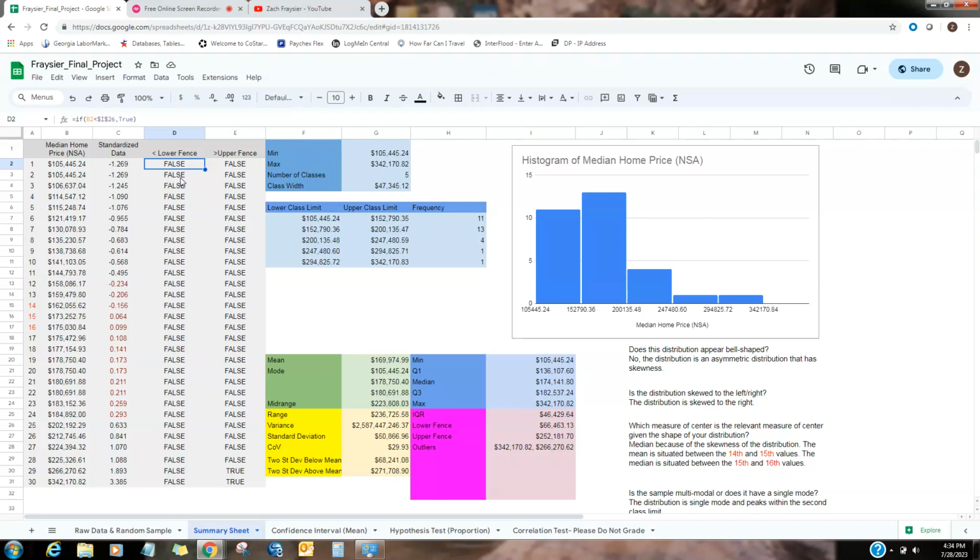And it's just a function: if it's above the upper fence or below the lower fence, these are true. This is automated. It's all plug and play. If you put anything in here, one's going to show up down here.